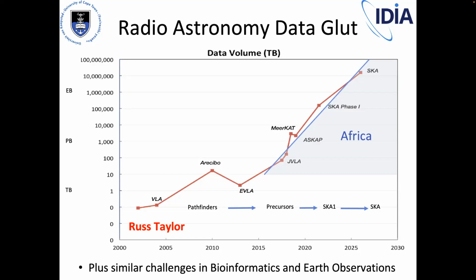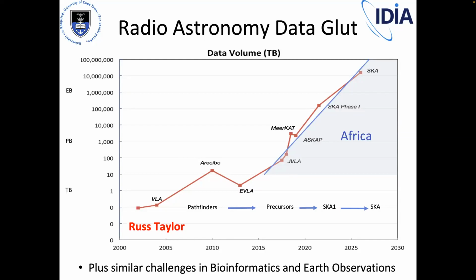Starting with the Jansky Very Large Array in New Mexico, and now with MeerKAT and its companion ASKAP in Australia, and through the next few years with SKA phase 1, the increase is by and large exponential. So it's sort of a straight line in this logarithmic plot.